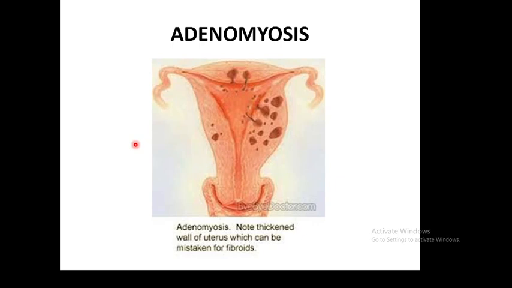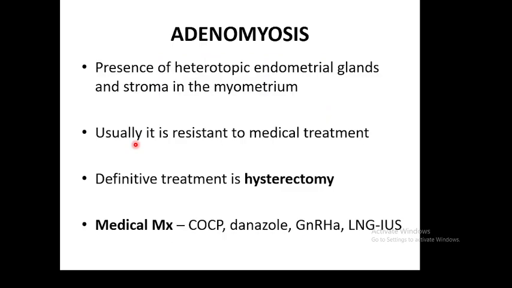Another entity, adenomyosis, which is presence of ectopic endometrium within the myometrium. We label it as adenomyosis. This entity is usually resistant to medical treatment. Most of the time they may need surgical management, but we can suppress.